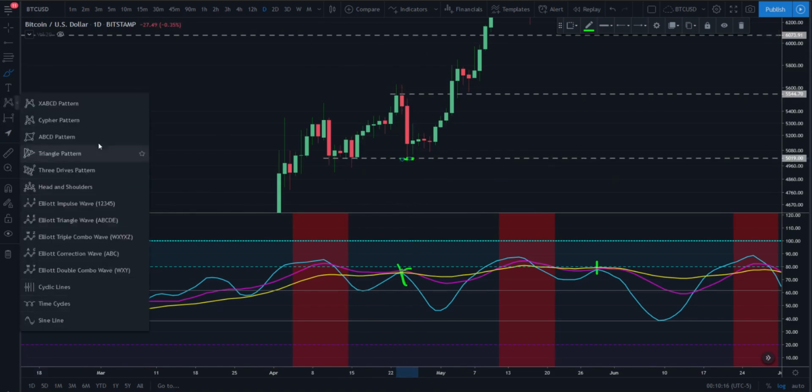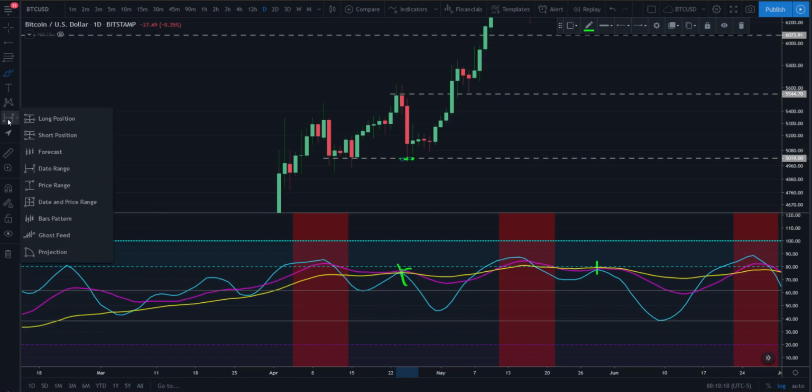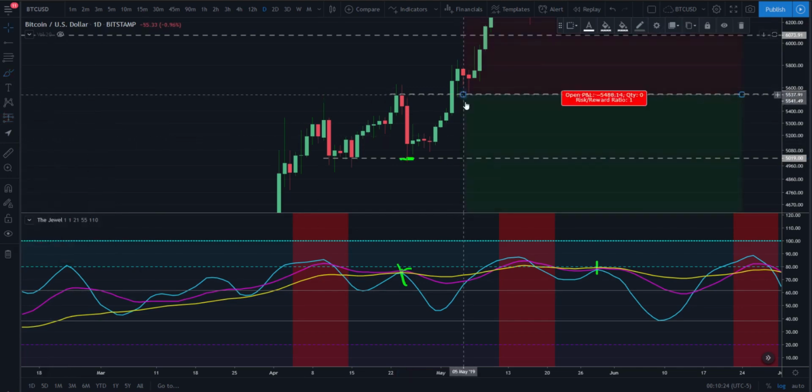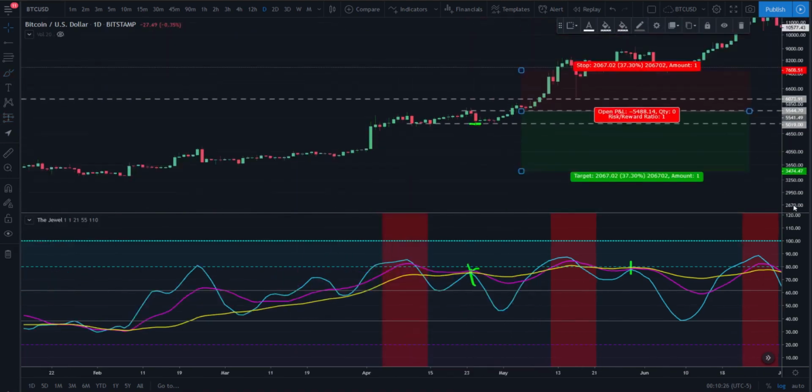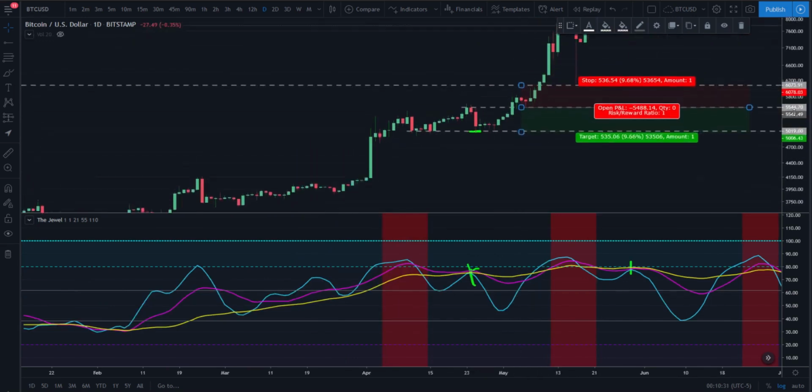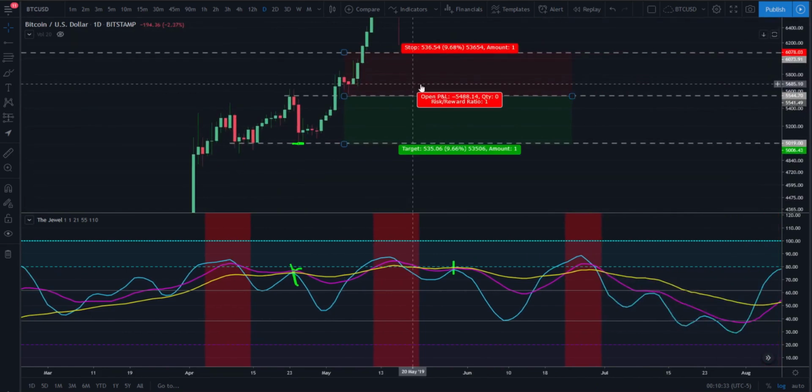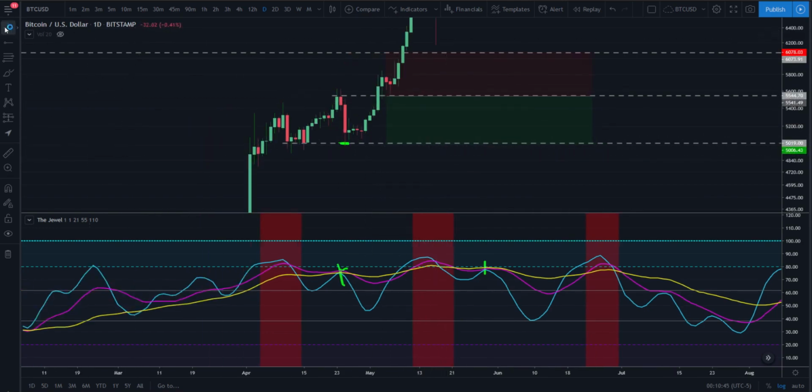If we look at the risk reward over there, it's a long short position. Risk reward equals 1. So you're risking as much as you're winning. So it's pretty bad. You don't want to take this.